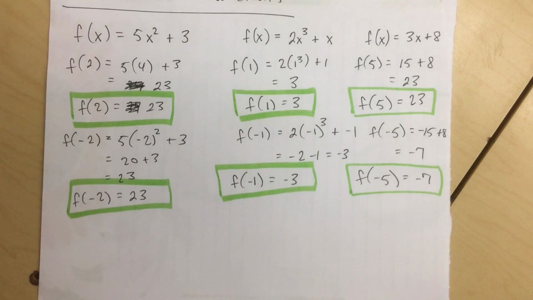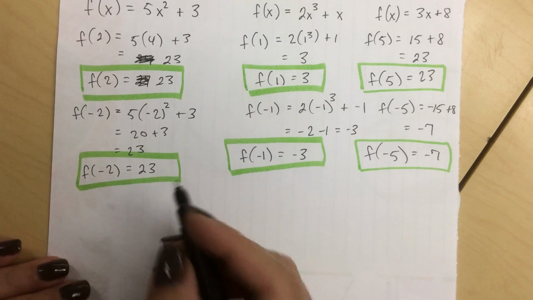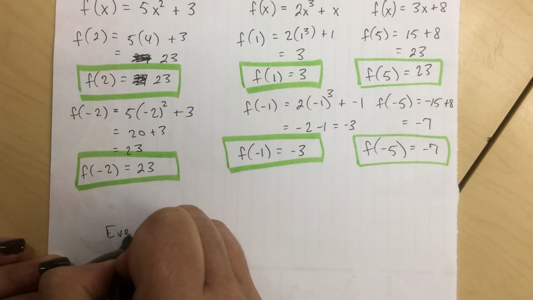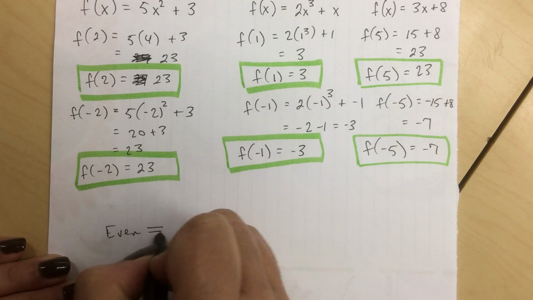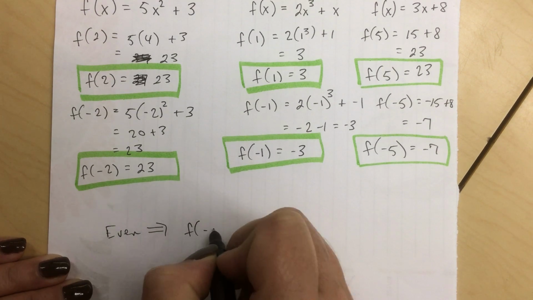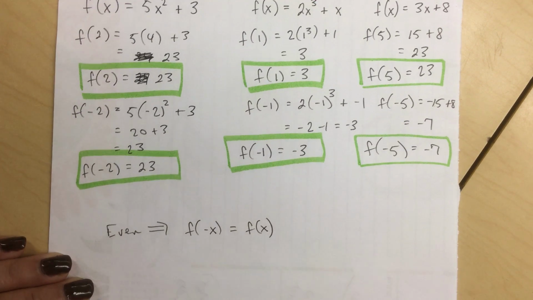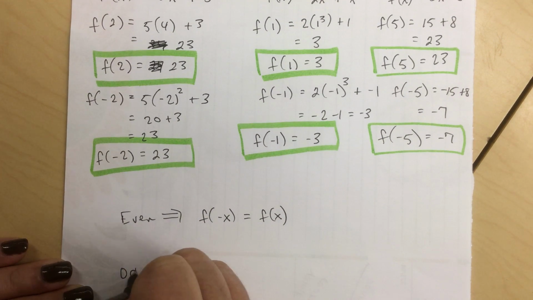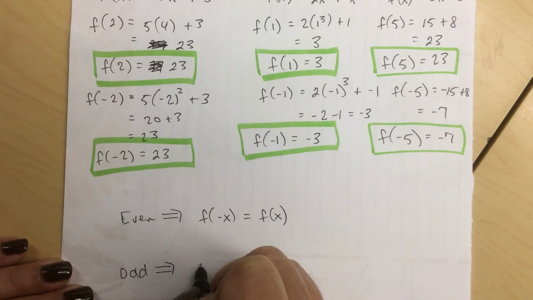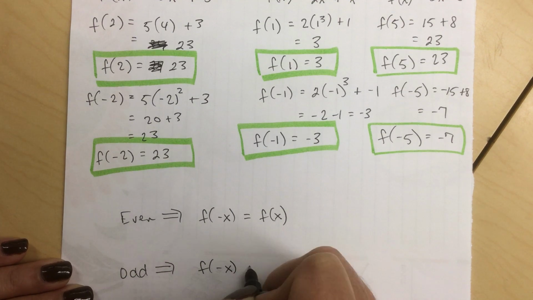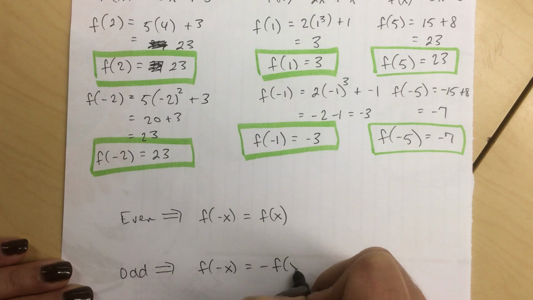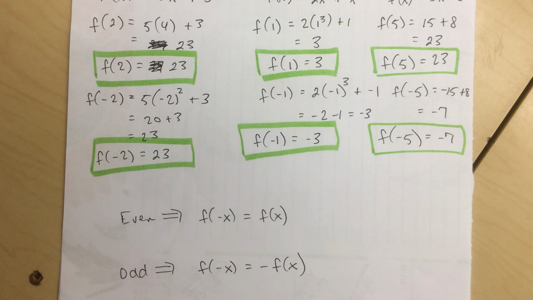Okay? So the definition of an even function is that f of negative x is equal to f of x. The definition of an odd function is that f of negative x is equal to negative f of x.